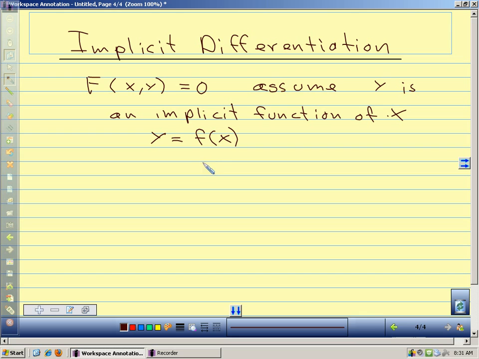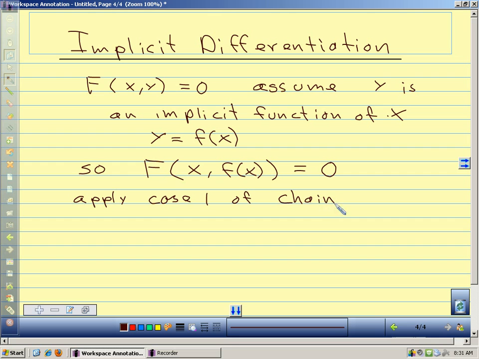It has some kind of functional dependence. So we can write our original function f(x, y) equals 0. And we're going to apply case 1 of the chain rule to this function.